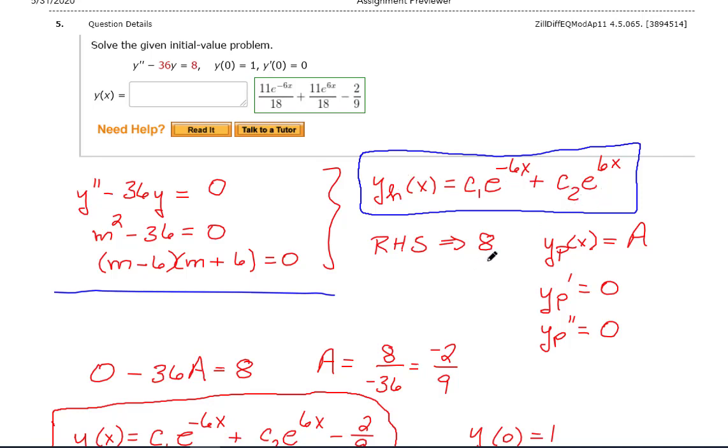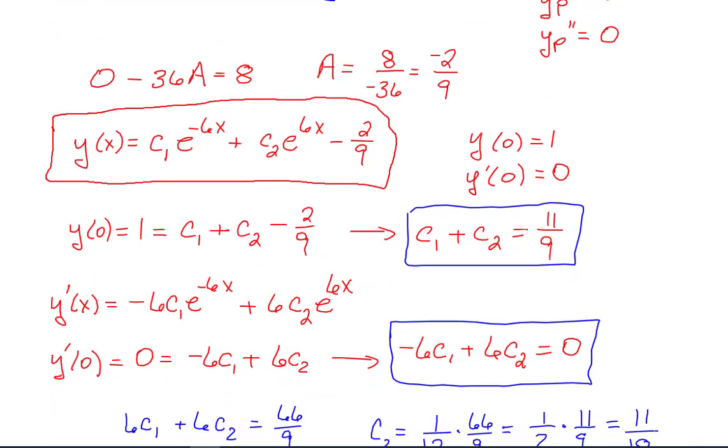Alright, so we get our homogeneous solution. Based on the right hand side being 8, my guess from the method of undetermined coefficients is my particular solution is A. First and second derivatives are 0. And when I plug this into my problem, I see that A is negative 2/9.